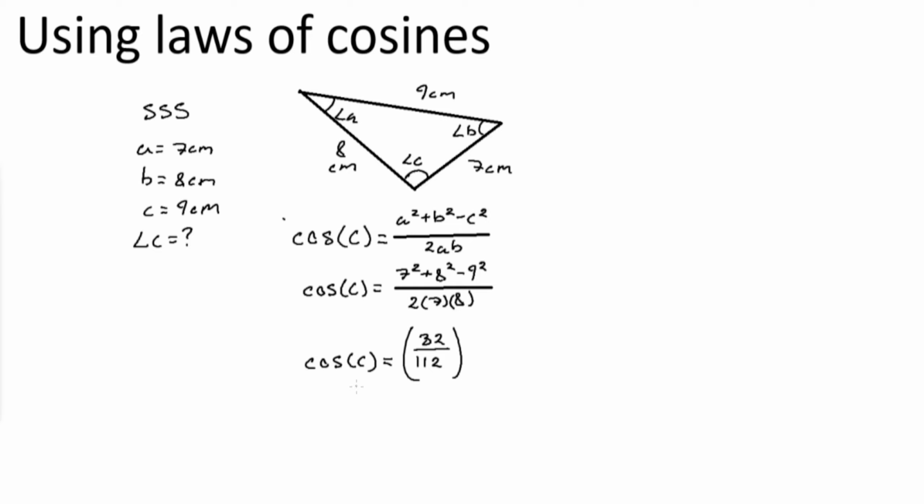But now, if you remember from the introduction to arc functions, we're trying to find an angle, and we have our side ratios here. So you rewrite this using arc cosine, since you use the arc functions to return an angle. So arc cosine of 32 over 112 gives angle C. You could also write this as cosine negative 1.